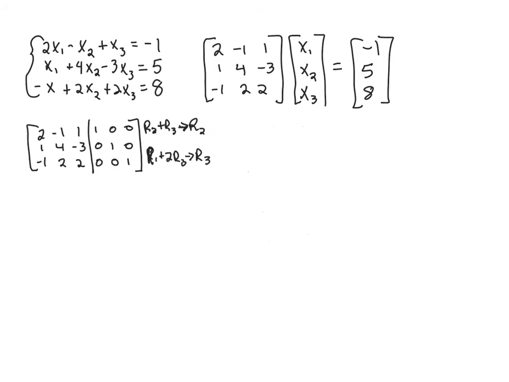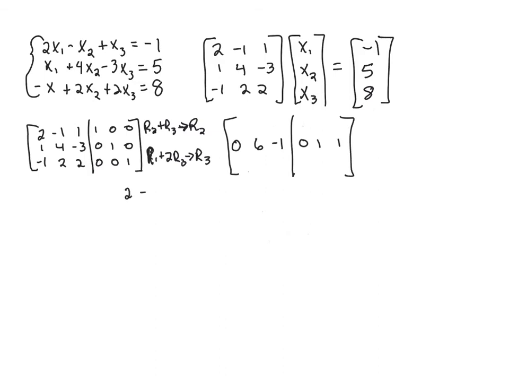All right, row 2 plus row 3. I'm breaking my own rule. I'm going to do that in my head and replace row 2. So row 2 plus row 3 is going to be a 0, 4 plus 2 is 6, negative 3 plus 2 is a negative 1, and then I'm going to get a 0, 1, 1. Now I'm going to write down the busy work for the second one.